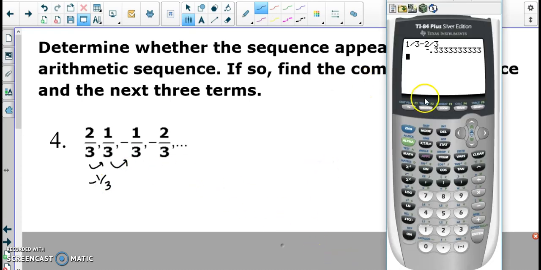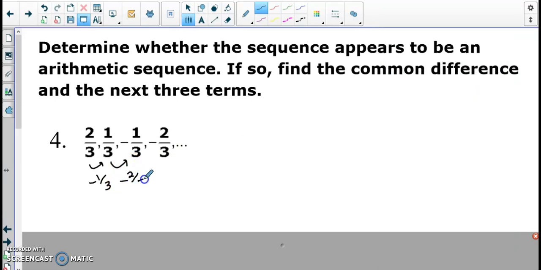Then, all right, to test this, you test the next one. So you take -1/3 minus the second term, which is 1/3. All right, that gives me -0.6 repeating. Well, that is -2/3.